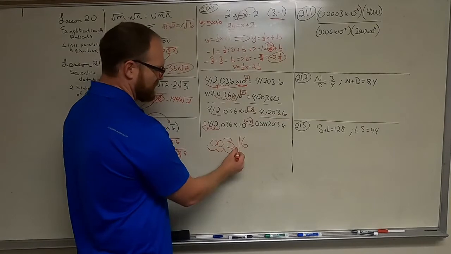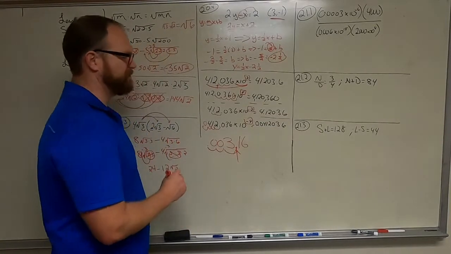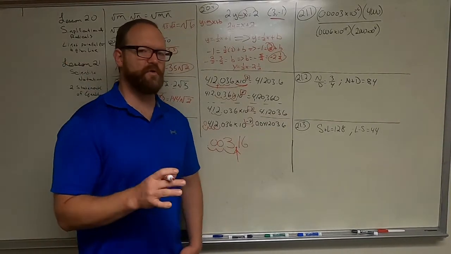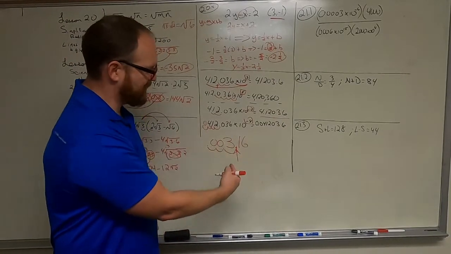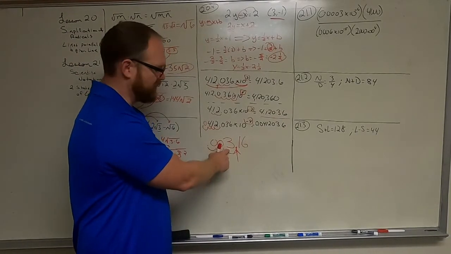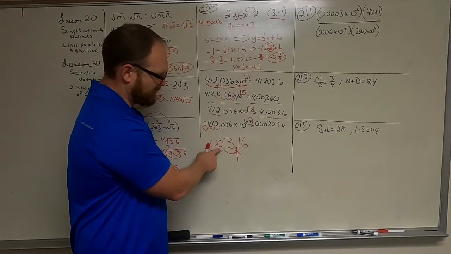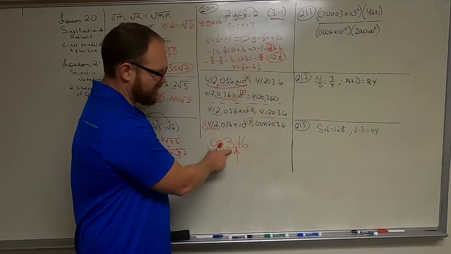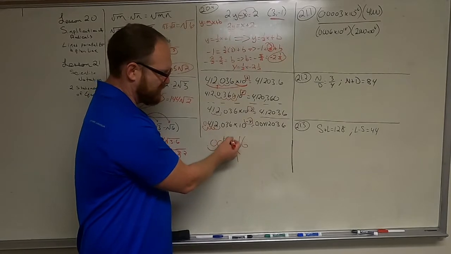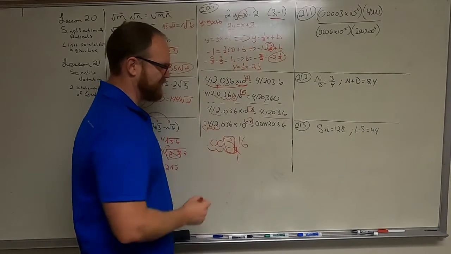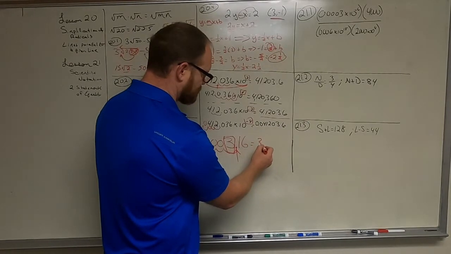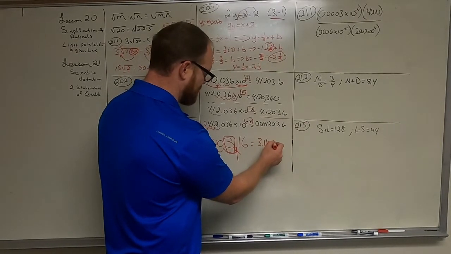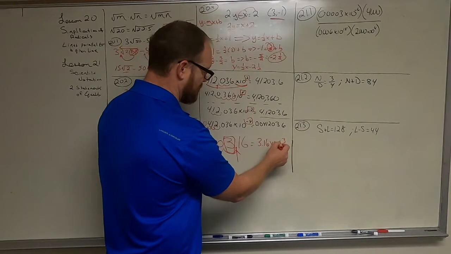Now, why do we move it right here? Well, the standard, the pro forma, is that we put the decimal on the right side of the first non-zero number. We have a 0 here, a 0 here, and a 3 here. The 3 is our first non-zero number. So we'll put it to the right of that. So that's going to be 3.16 times 10 to the negative 3.